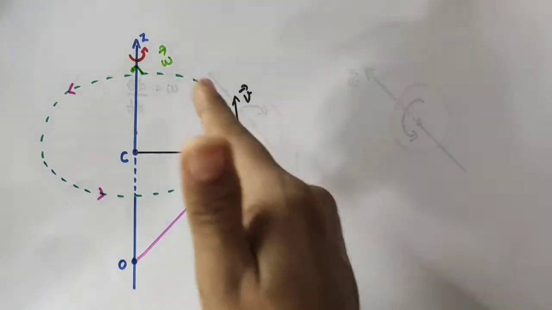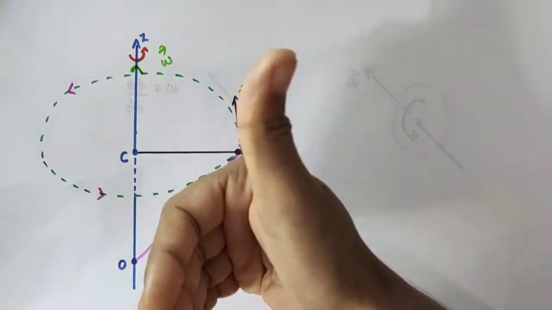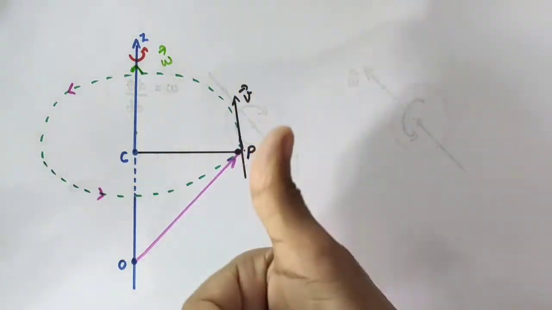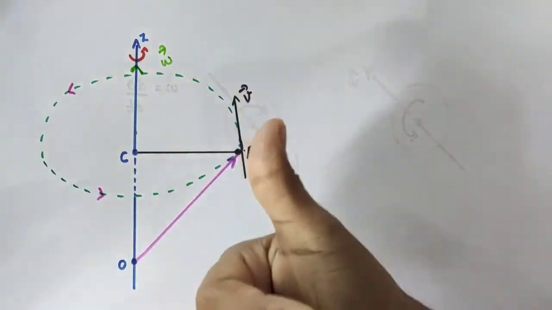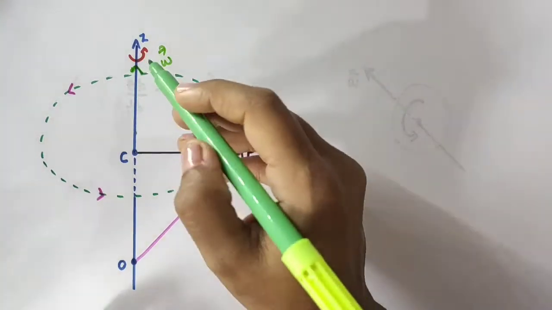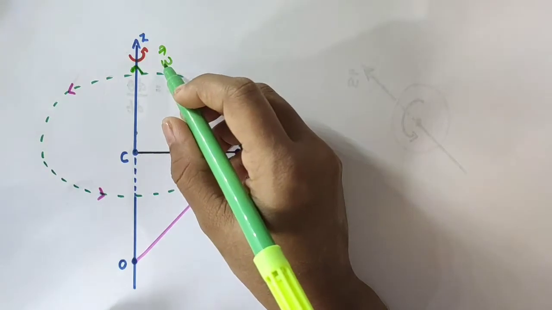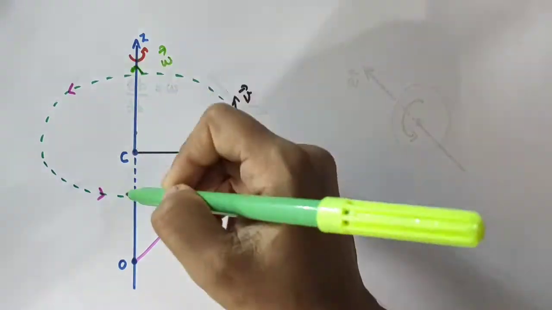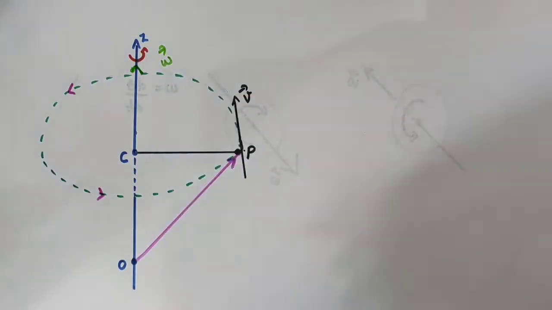You see, the particle is moving in the anti-clockwise direction. So the thumb points out along the axis in this direction, and vector omega is marked like this. That is, the angular velocity vector omega is directed along the positive z axis.